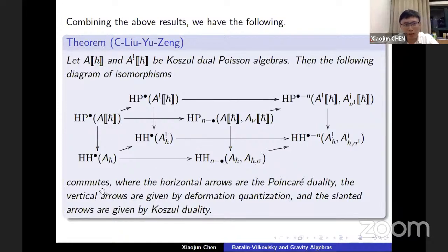So this cube commutes. Here, the horizontal arrows are given by Poincaré duality, and the vertical arrows are given by deformation quantization, and the slanted arrows are given by Koszul duality. So this is a commutative diagram of isomorphisms.